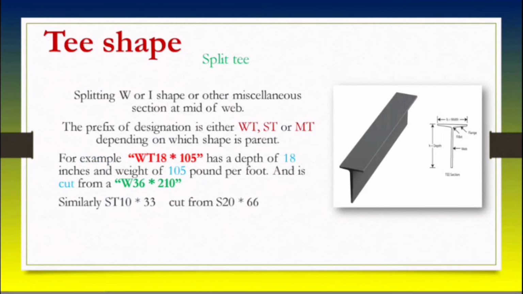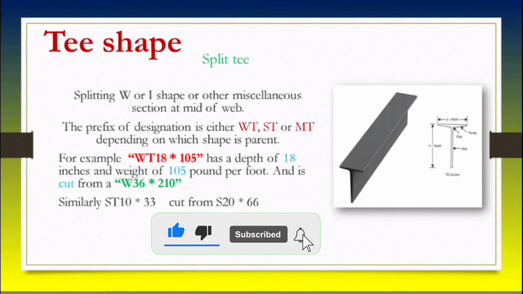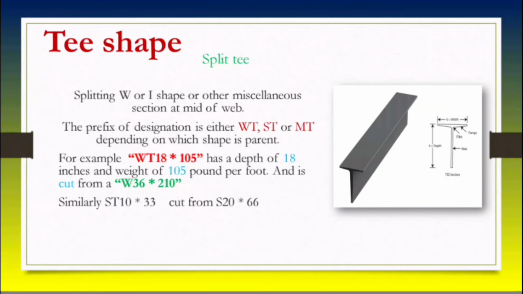And the last type of shape of structural steel is the T sections. When we cut the W section, or I section, in the middle, we get a new section called the T section. When we cut the W section, the name will be WT.